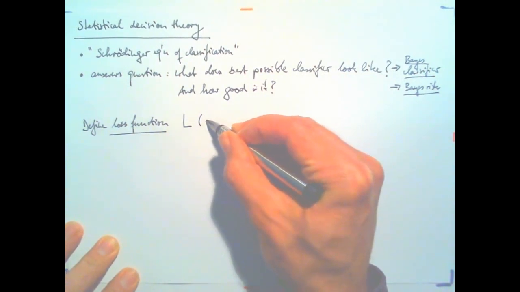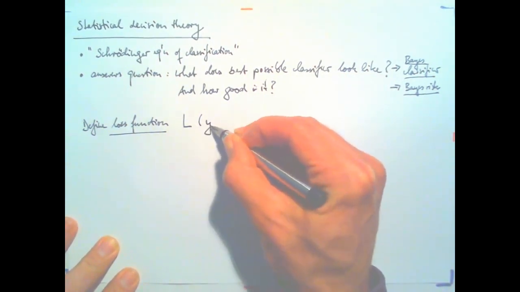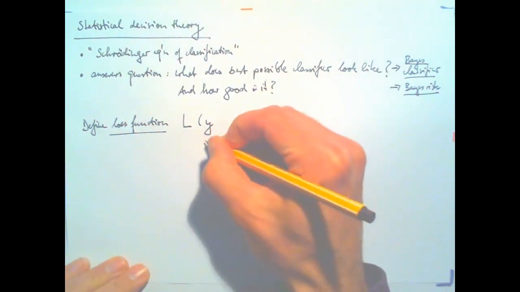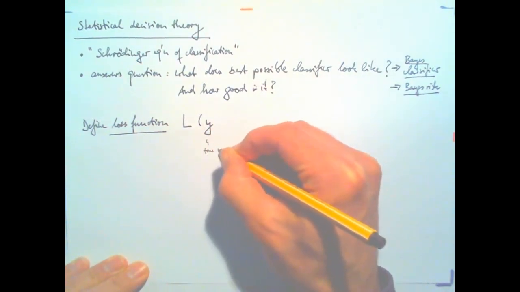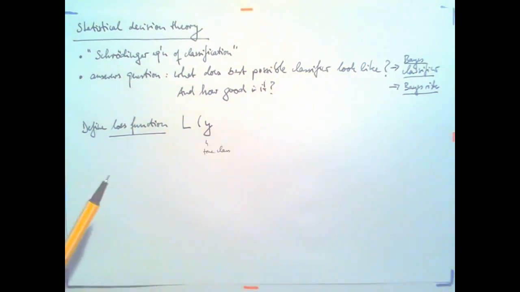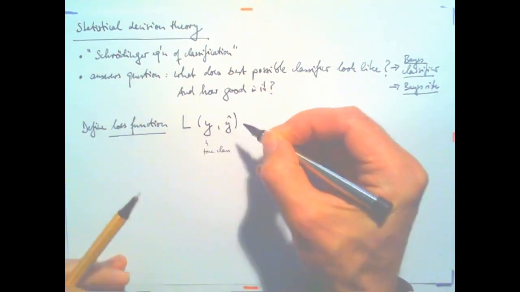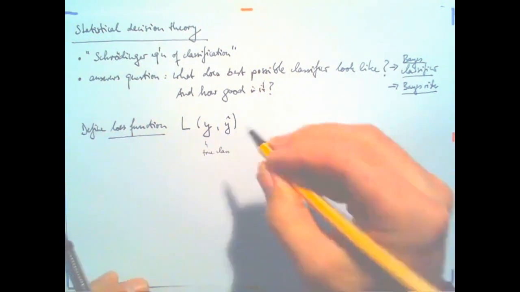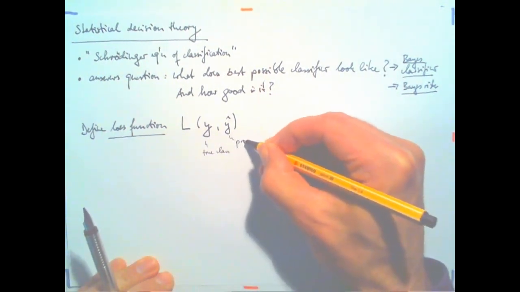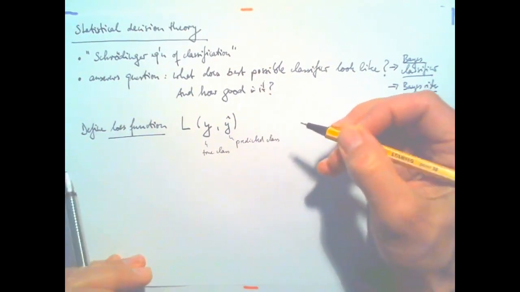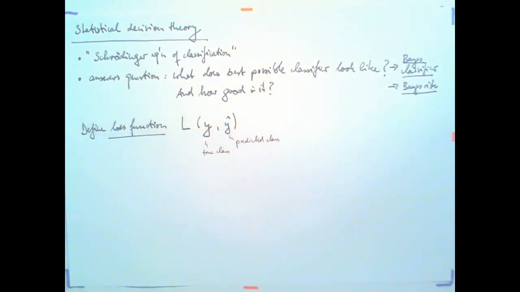And this loss function has two arguments, namely the true class and the predicted class. And it can be summarized in a matrix.